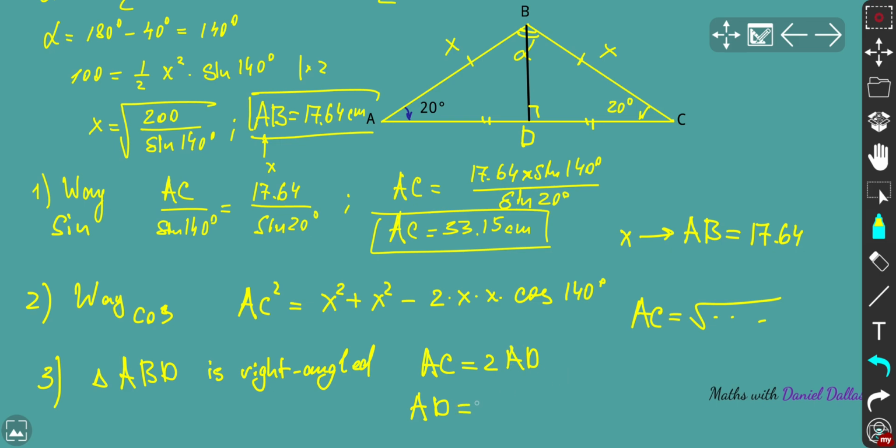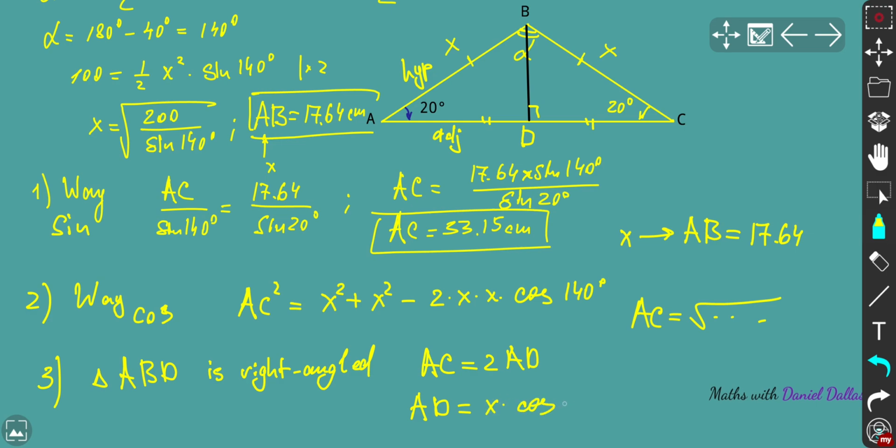Just in case you want to find AD first, it can be accomplished through basic right angle triangle trigonometry. So let's have a look at how to find AD. AD is the adjacent side, and this is the hypotenuse, where x stands for the hypotenuse. So the adjacent side is hypotenuse times cos 20. That means it's going to be x times cos 20.